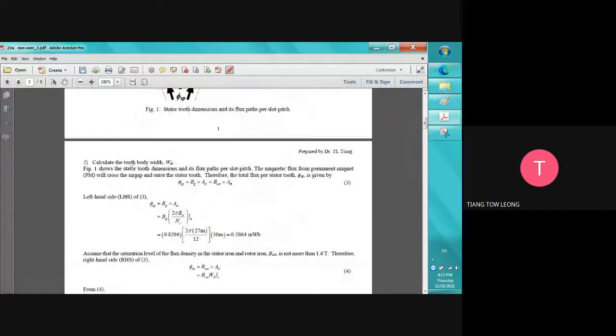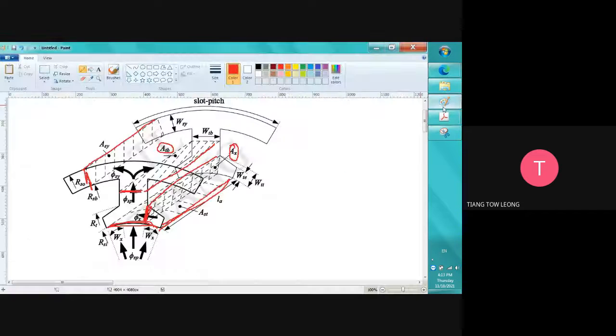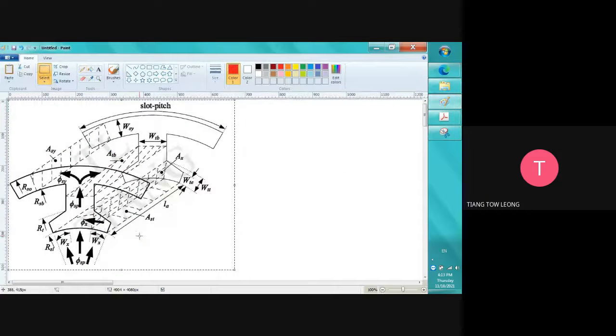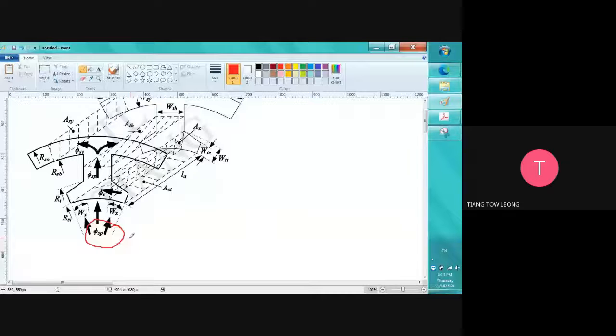So first of all, we will find the tooth body width, WTB. Remember that the first thing we need to use is flux equals B times A, which means this is the source of flux, plus 10 Tesla.